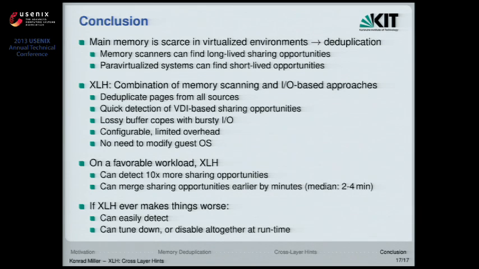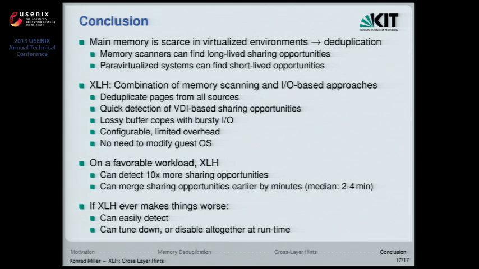It can deduplicate pages from all sources while giving an emphasis on virtual disk-based sharing opportunities, and it is possible with XLH to deduplicate those pages much, much more quickly than in regular scanners. A lossy buffer copes with bursty I/O and with I/O overload without much overhead.